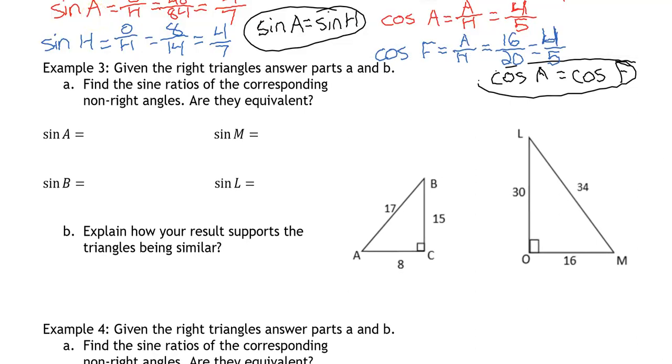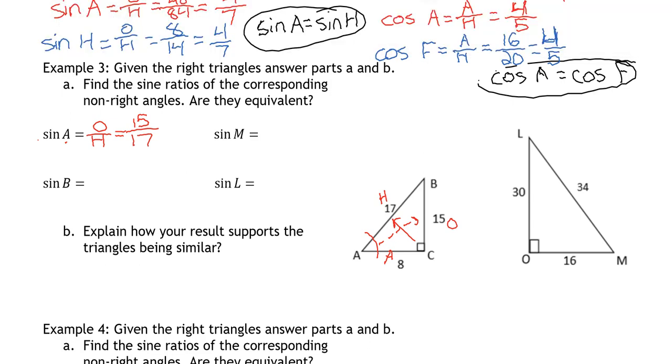So I'm starting with the sine of A. Well, A is here, so I have my hypotenuse, my opposite side, and my adjacent side. So, sine is opposite over hypotenuse. If we think back to SOHCAHTOA, this is SOH. My opposite side is 15, and my hypotenuse is 17. And that does not reduce.